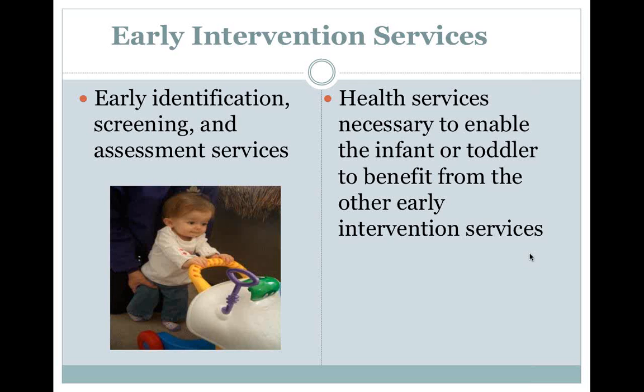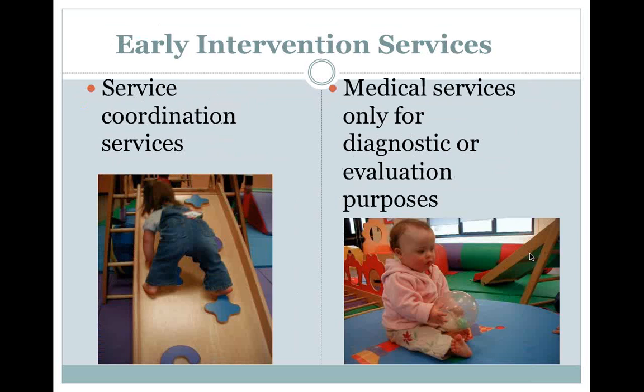The interesting thing about the IFSP, or the birth to 3 services, we'll go back a slide, is it's a broader scope than the services for 3 to 5-year-old children or 3 to 22 children. An example of medical services for diagnostic or evaluation purposes. A much broader mandate in the individual family services plan.